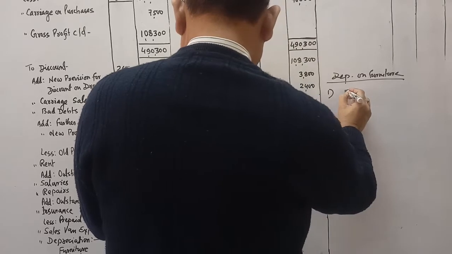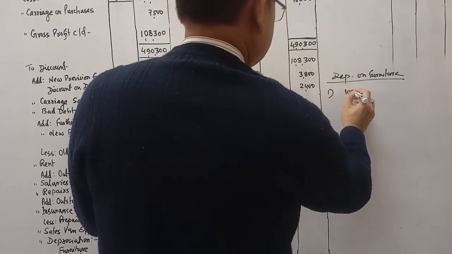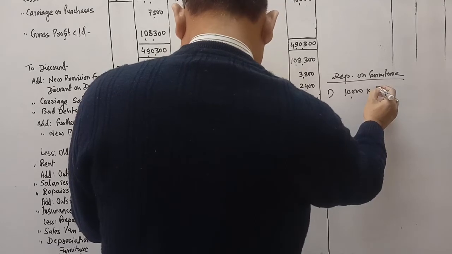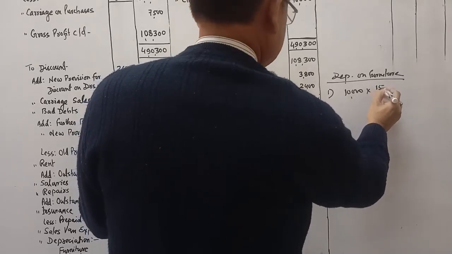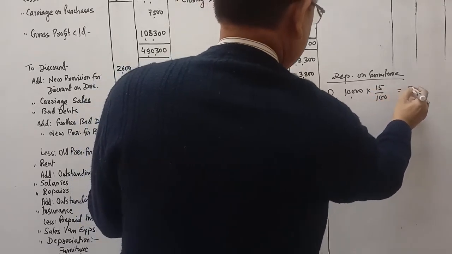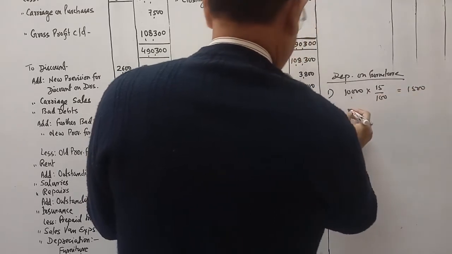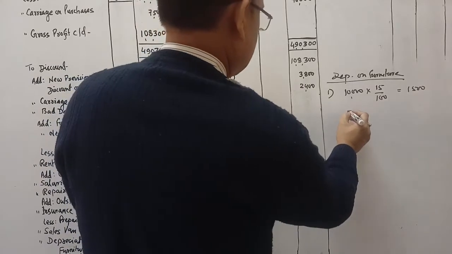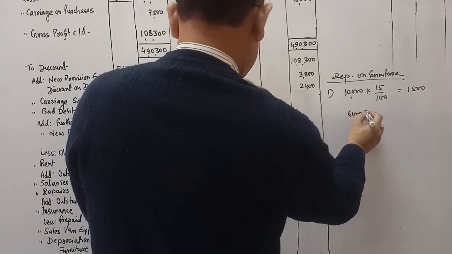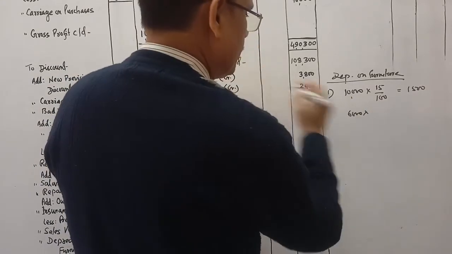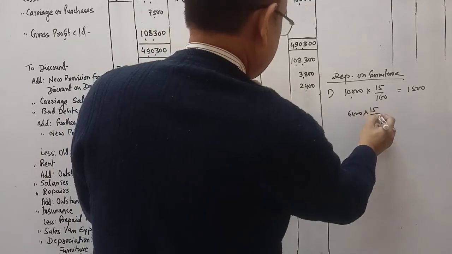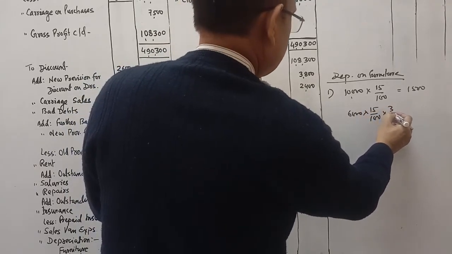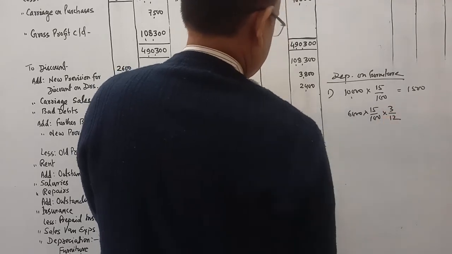Furniture given in the trial balance is on 1st April 2015 10,000 and rate of depreciation is 15%. So it is 1500. Another furniture information in the trial balance is 6000 and this furniture was purchased in January. So the depreciation will be for 3 months only, January, February and March.